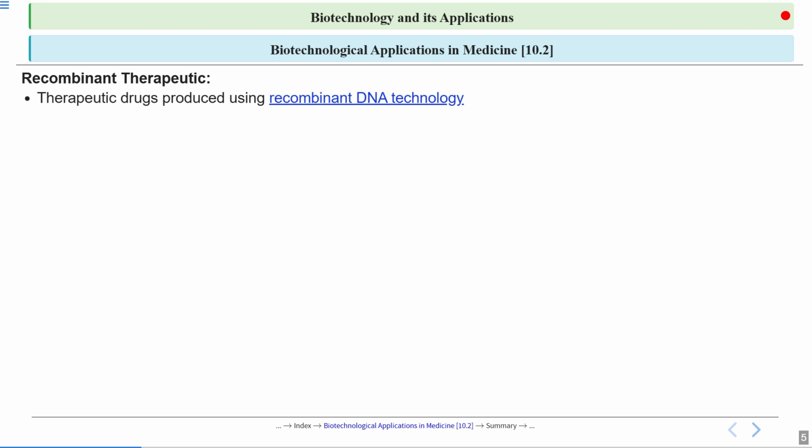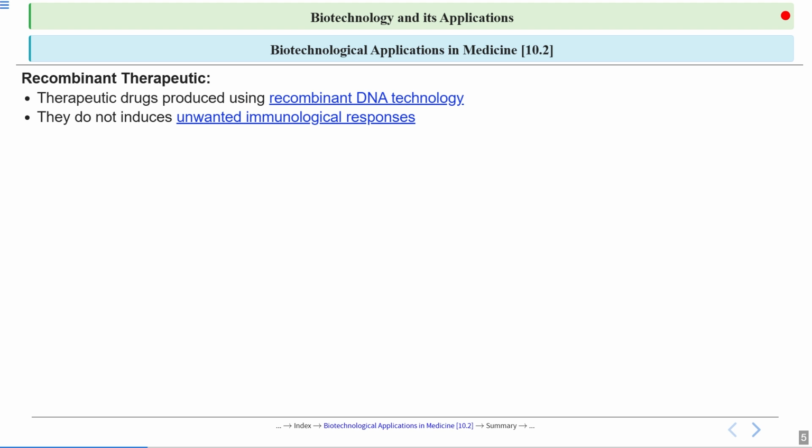So what is recombinant therapeutics? It is the therapeutic field in which we use recombinant DNA technology. In this, we can produce a lot of therapeutic drugs too. They do not induce unwanted immunological responses. So what is the benefit of using recombinant therapeutics?